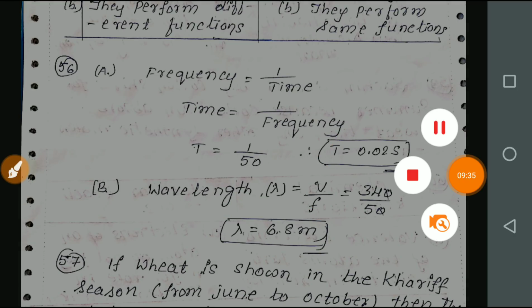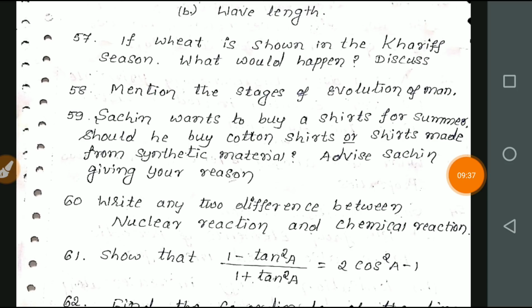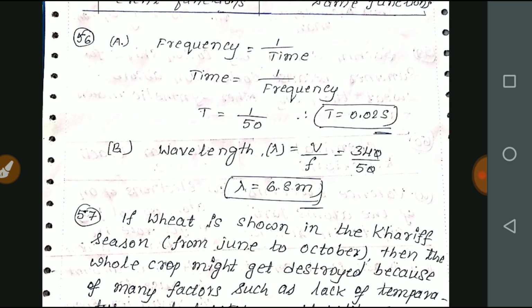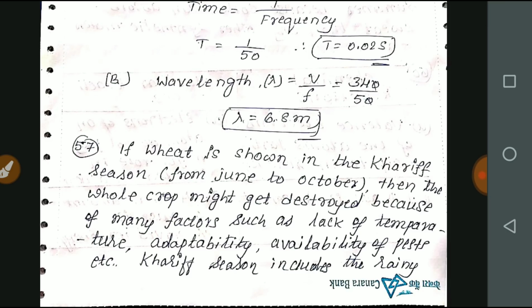Now next question. If wheat is sown in the Kharif season, what would happen? Discuss. Dear friend, Kharif season means the rainy season, ranging from June to October.